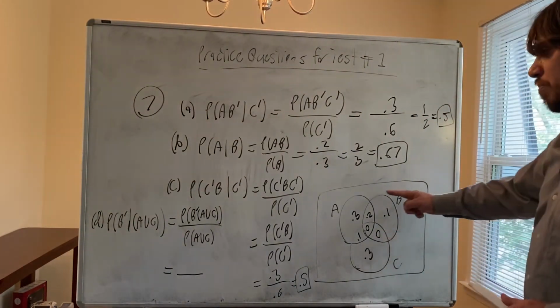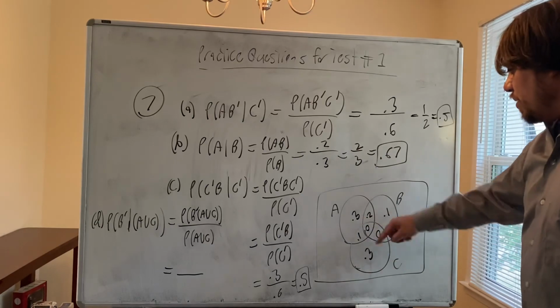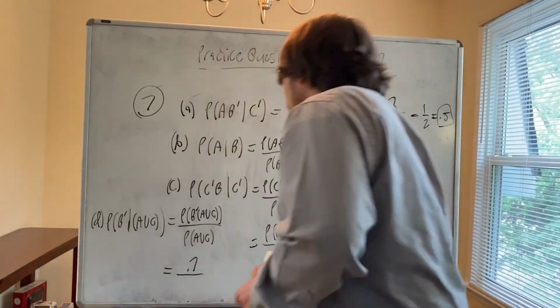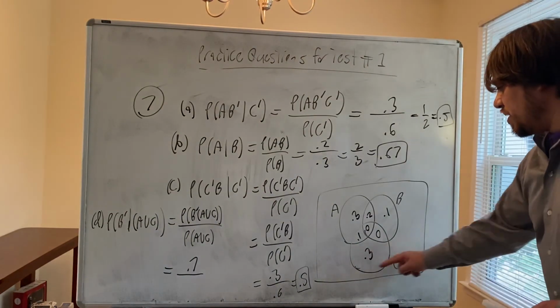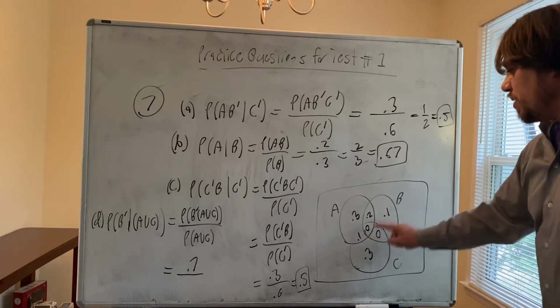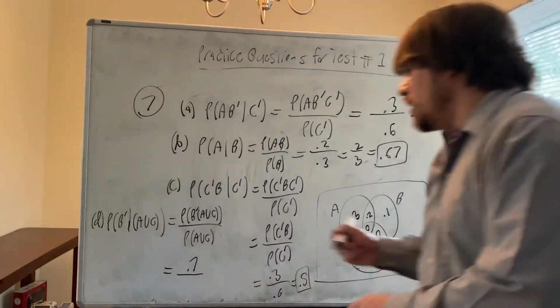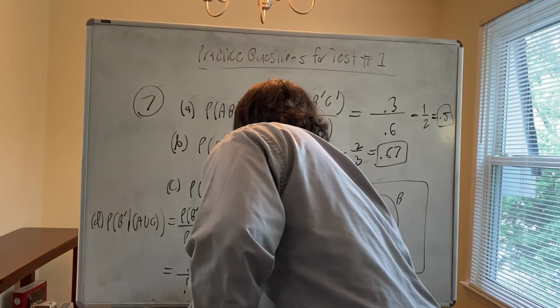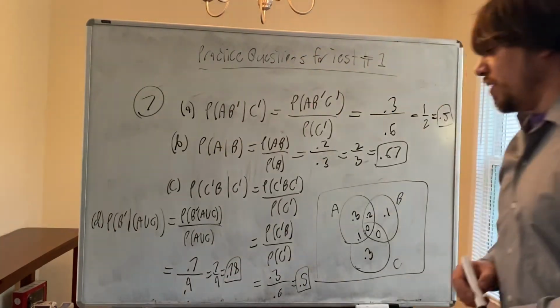If it's not in B and it's in A or C, then it's 0.7. And then divided by A or C. If it's in A or in C, that's 0.3, 0.4, 0.6, 0.9. So the probability it's in A or C is 0.9. So it's 0.7 over 0.9, that's 7/9. As a decimal, that's 0.78 rounded to the nearest hundredth.